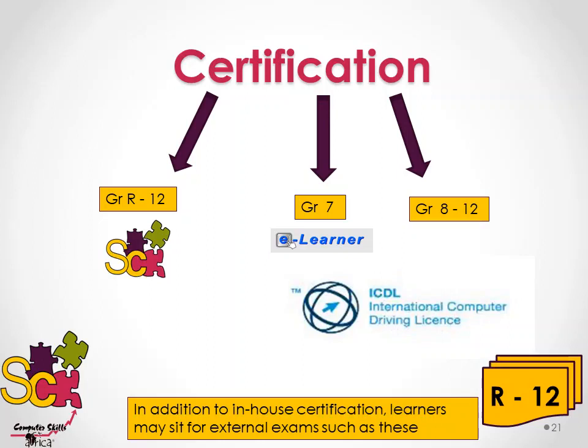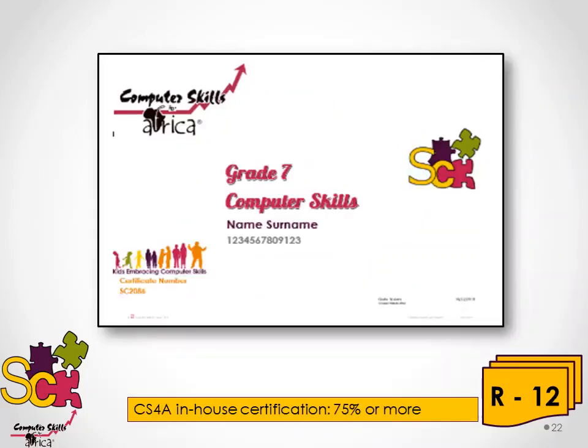For grade 8 to 12, the high school can write the real ICDL. Those modules that we offer contain all the skills for ICDL. They can write those international exams. This is an example of a Computer Skills for Africa certificate for grade 7 computer skills.